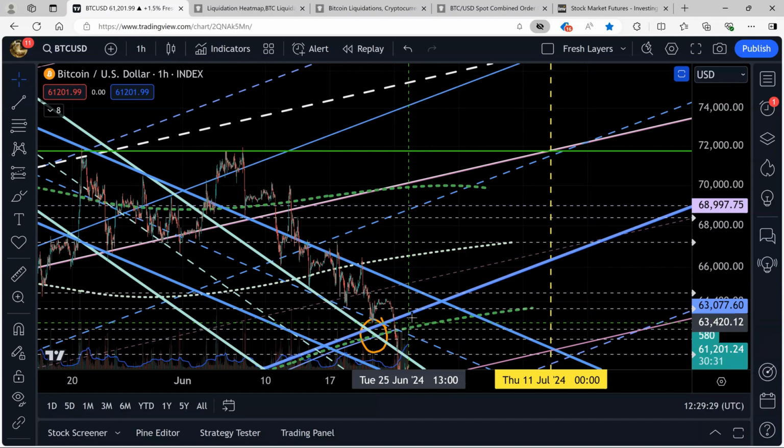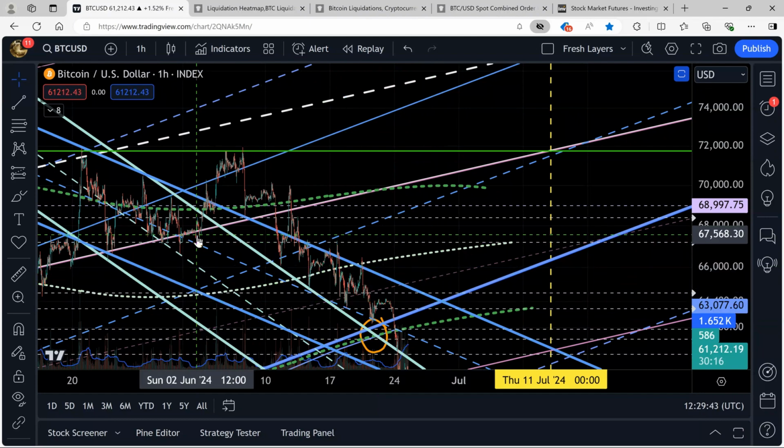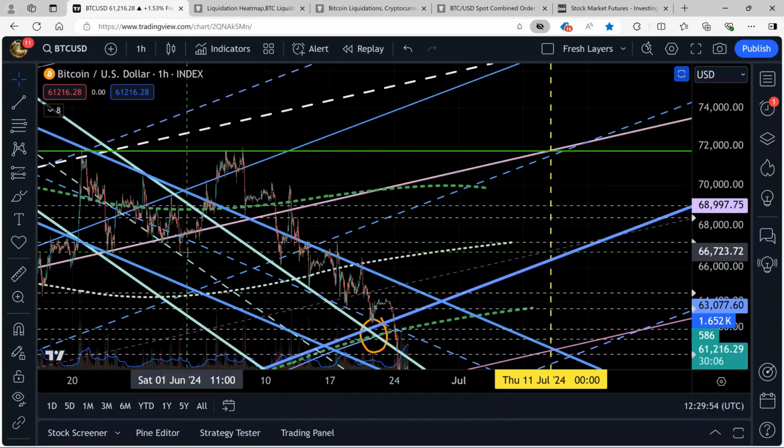And whether we chop sideways here the rest of the month, possibly forming a monthly doji candle, because where do we open the month? We opened the month up at... See, I thought it was at 67, not at 66 and a half.